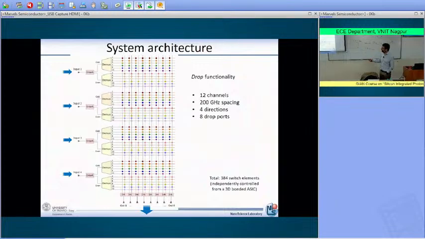At the input, we have the 4 directions. So our optical signal is coming from 4 directions: north, south, east, west. And then it is inserted into the matrix of microring resonators.